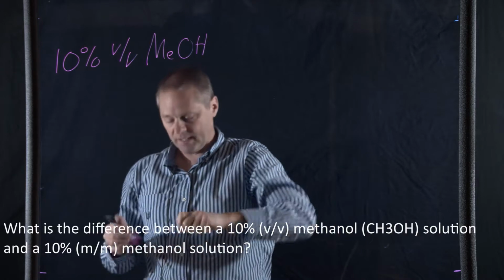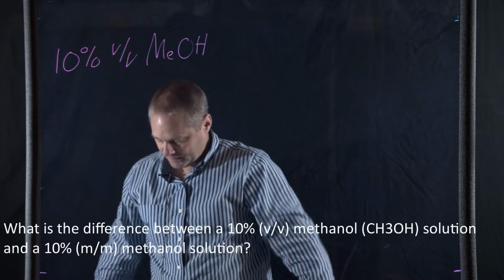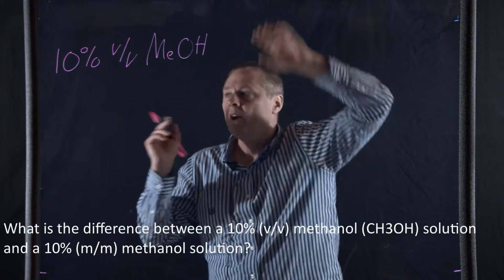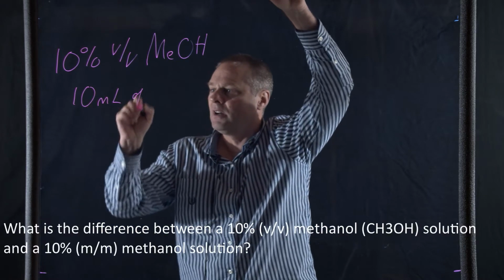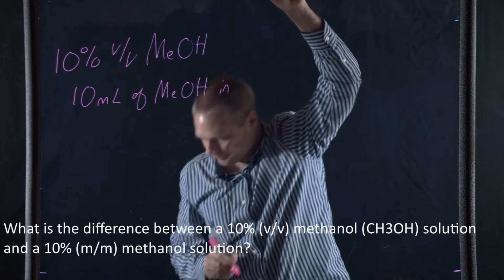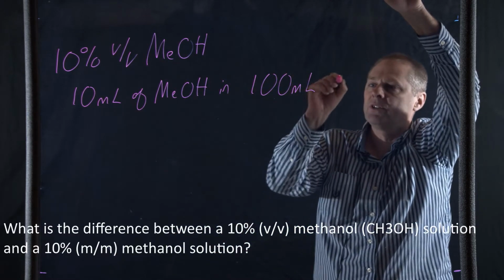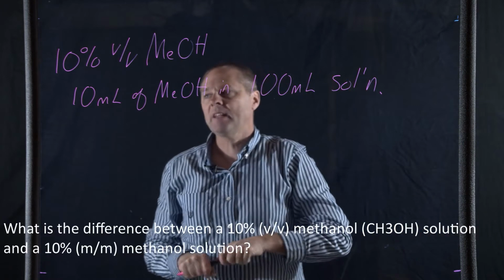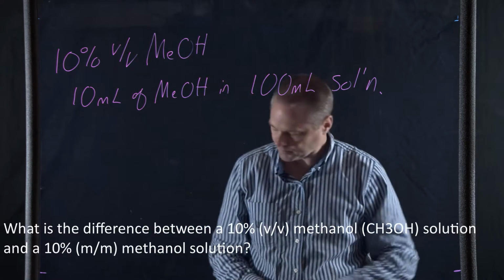Another way of stating this is that if it's 10%, there's going to be 10 milliliters of methanol in 100 milliliters of solution. That would be a 10% volume by volume methanol solution.